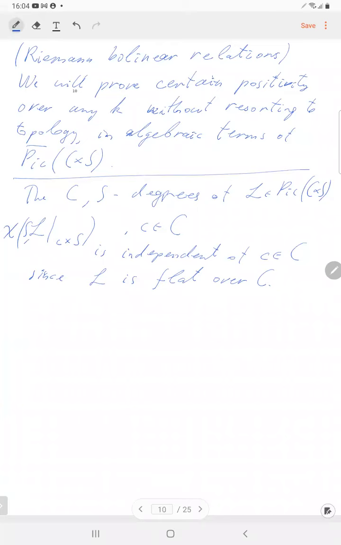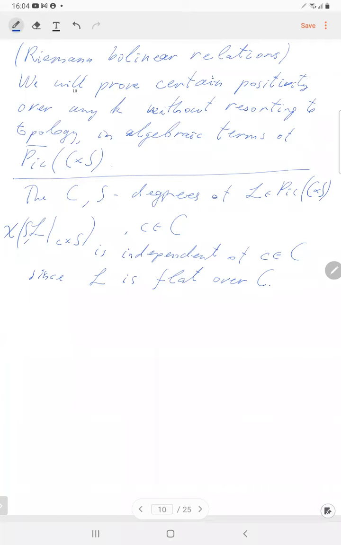So you have this line bundle over the product, but when you restrict to fibers, you obtain the varying family of line bundles over S, depending on the point of C. And the Euler characteristic of any such line bundle is the same. It does not depend on the choice of your fiber.